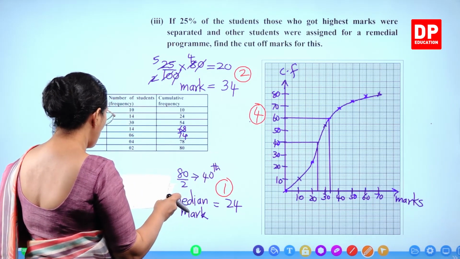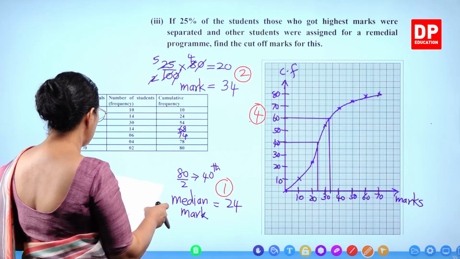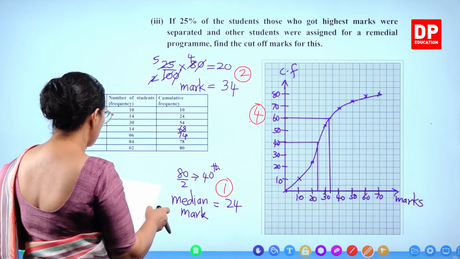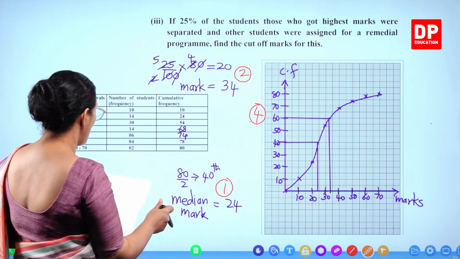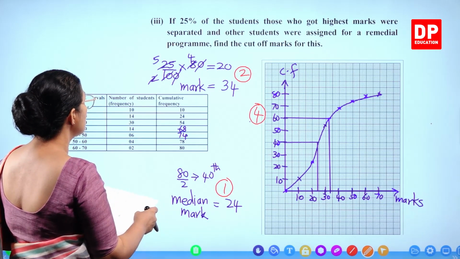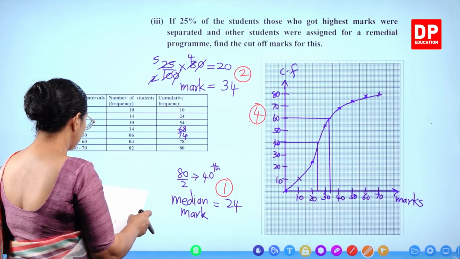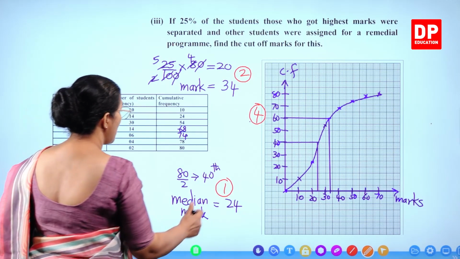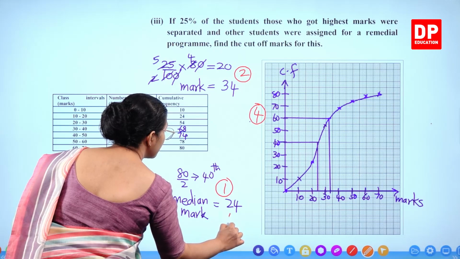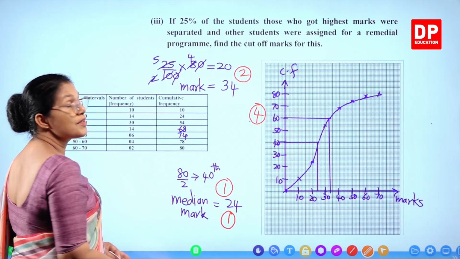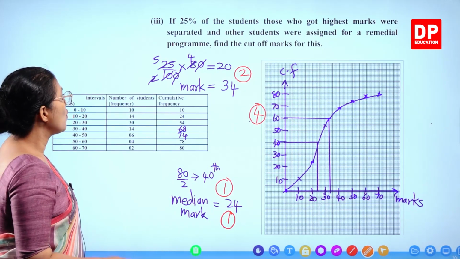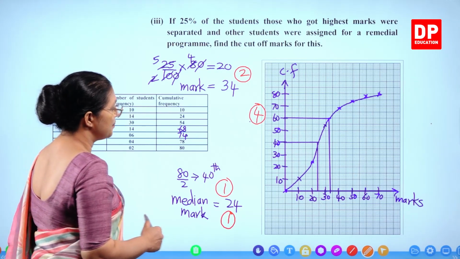So we need to give 1 more mark. 2 marks given, and 4, and 1 mark for the median, and 2 marks for that. And we'll give 1 mark for this as well, another 1 mark. Using the graph, we are finding the median. So altogether, 10 marks.